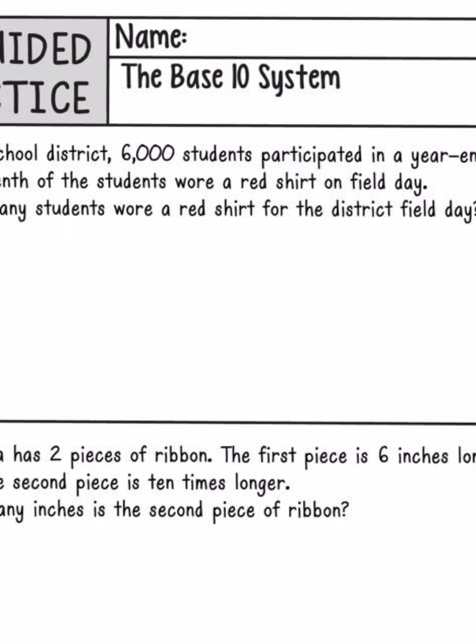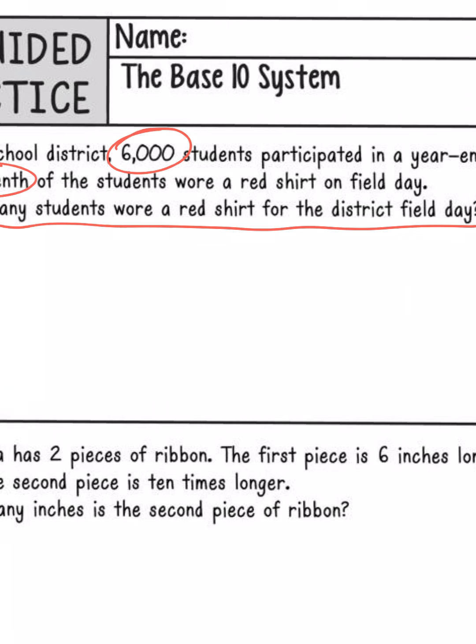6,000. Yes, 6,000. Now, the question: do you see another number that I should circle? Yep. 1/10. Good. Okay. The U says underline the question. So I'm going to underline my question. How many students wore a red shirt for the district field day? Okay. I have 6,000 students. 1/10 of them wore a red shirt.